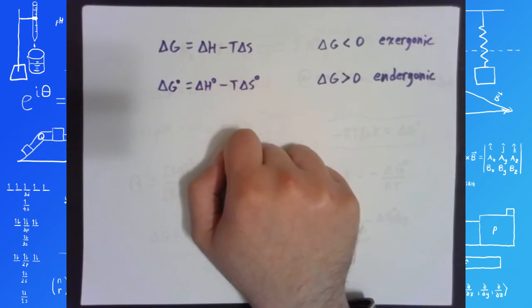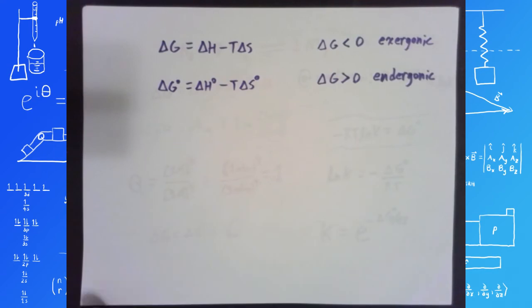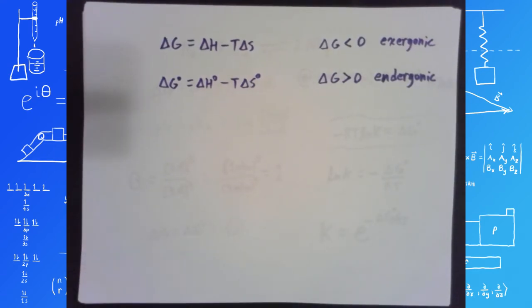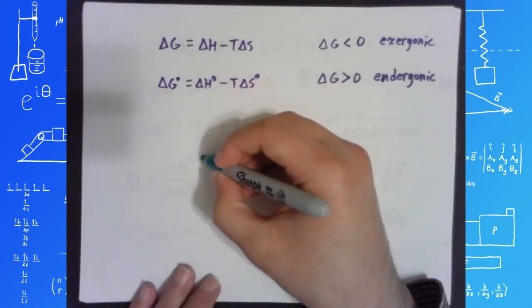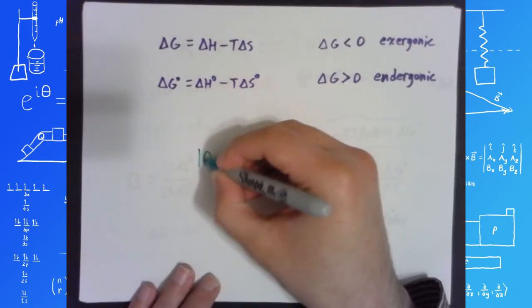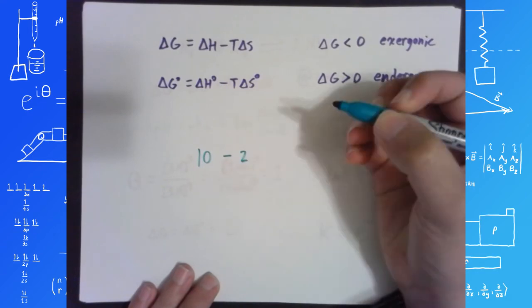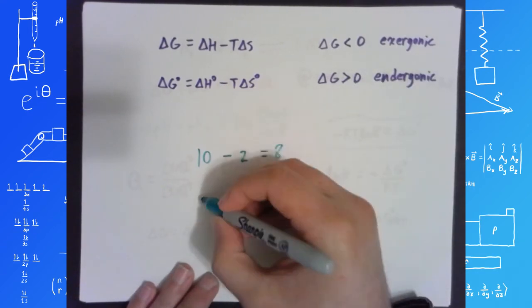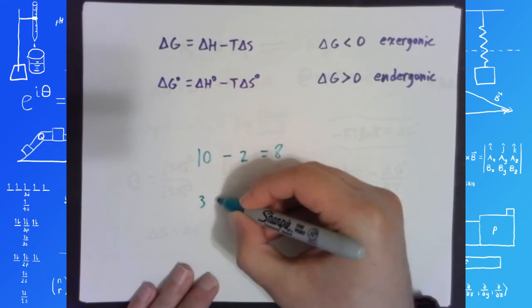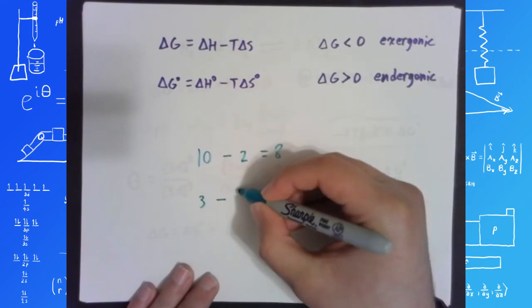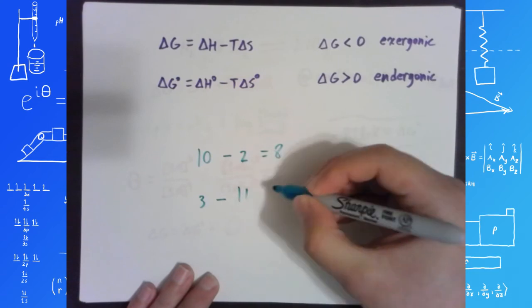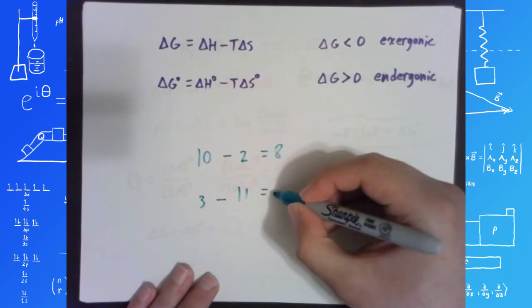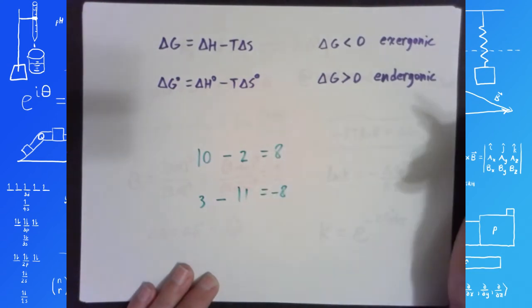Well, it depends on the sizes, because if I do a large positive like 10 minus a small positive like 2, that's going to be positive. But if I do a small positive like 3 minus a large positive like 11, then that's going to be negative.